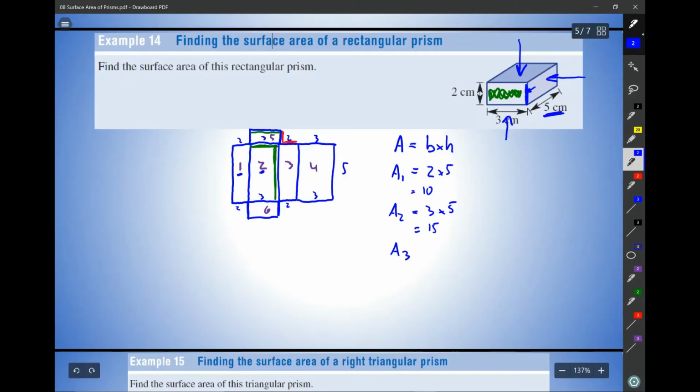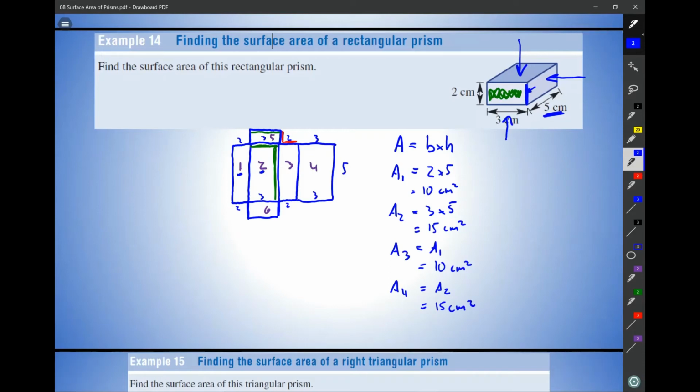Shape 3 is actually the same as shape 1, so we don't have to calculate it again. Sorry, I should be writing units on all of these. And again, shape 4 is the same as shape 2, so we don't have to recalculate that. We've already done it.